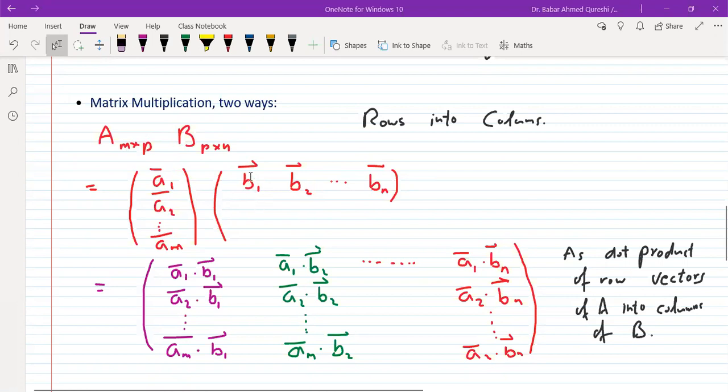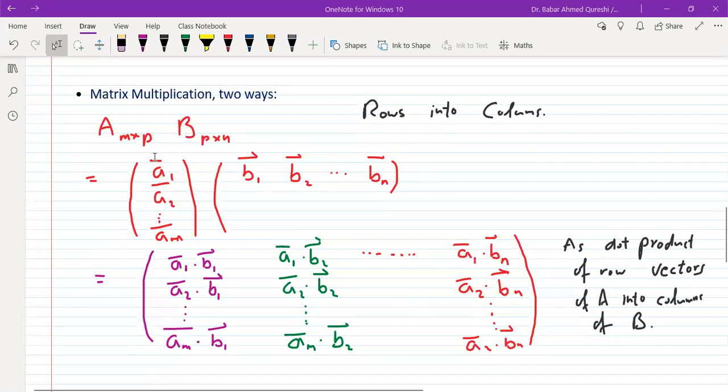Then what you are doing is going column by column. Take these rows and think of it like you have this matrix and you're multiplying it with the first column, using the rule which we saw above. So this is a matrix written as columns, and then you just apply the rule: take each row vector and take the dot product with the column vector.